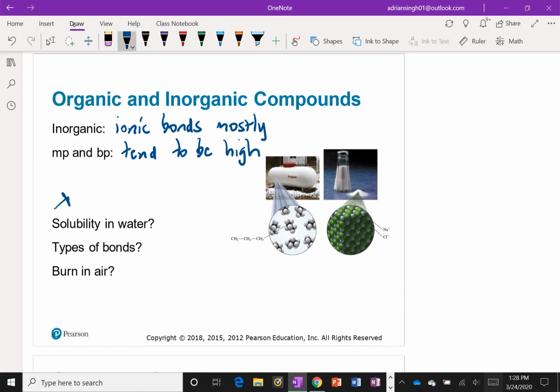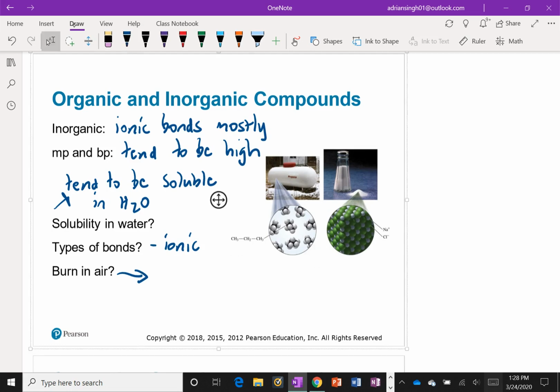In terms of solubility in water, these tend to be soluble. In terms of the types of bonds, we already mentioned ionic bonds mostly. As for burning in air, compared to your organic compounds, your inorganic ones do not readily burn.